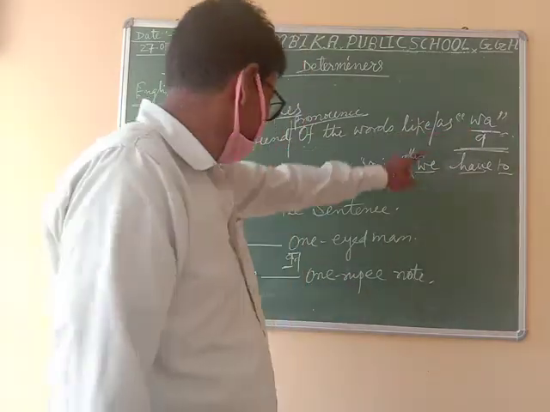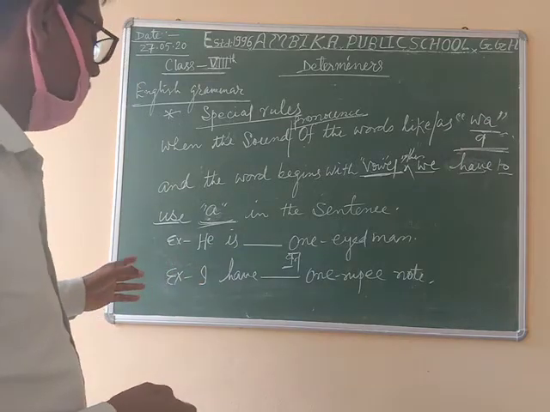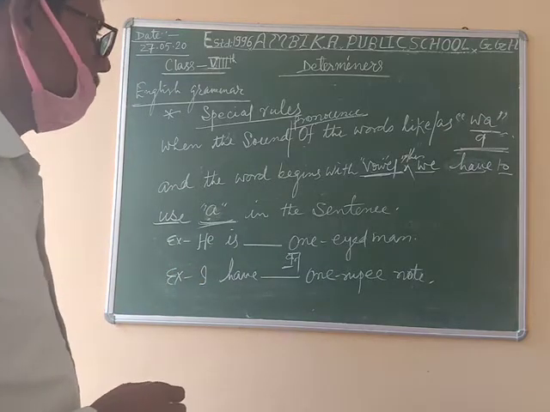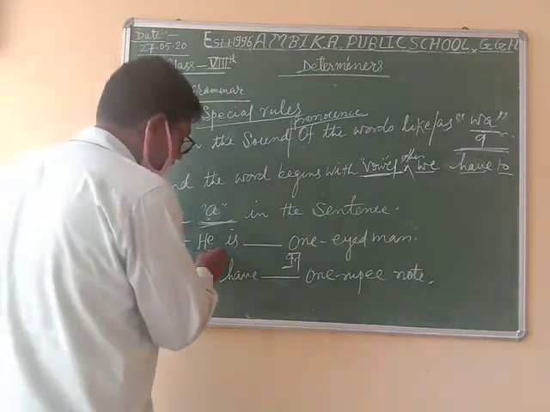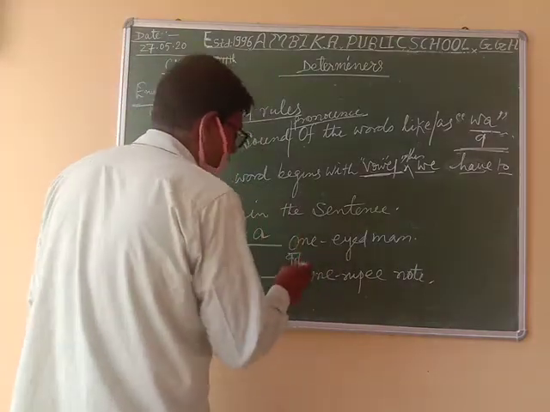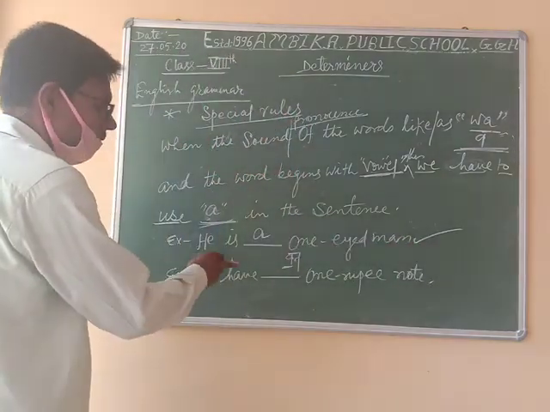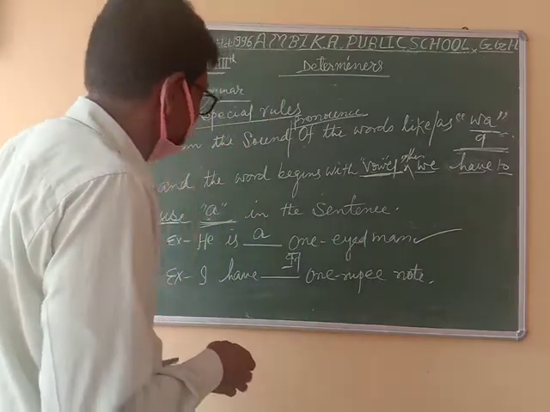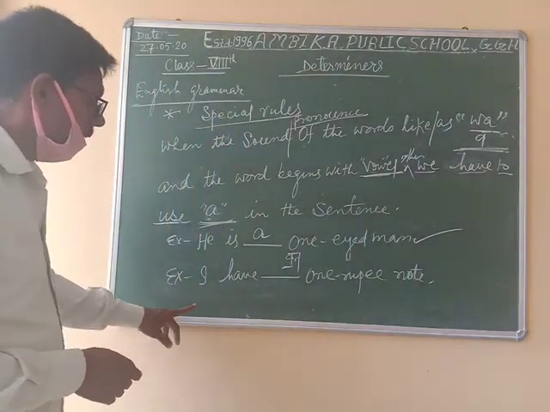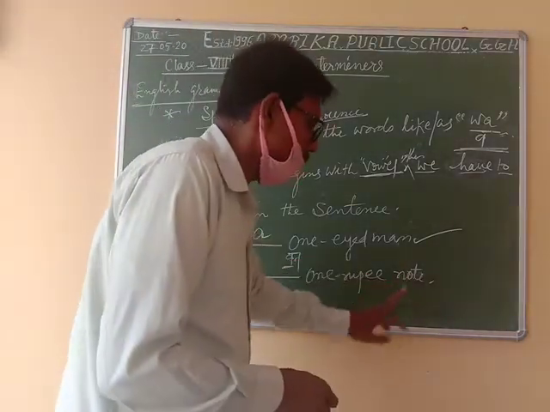Okay, so in that circumstances we have to write a articles in the sentence. So answer should be he is a one-eyed man. बिल्कुल करेक्ट होगा. अगर हमने लिखा he is an one-eyed man, this will be wrong. Okay. Number 2, I have, fill in the gaps, so ₹1 note.